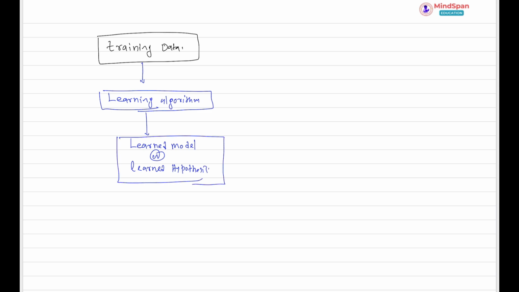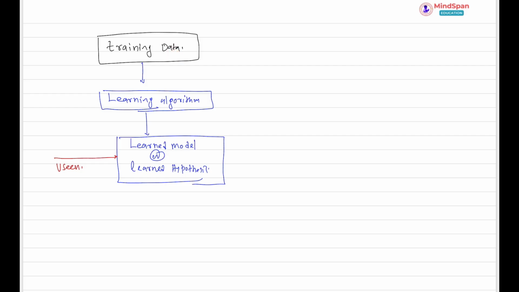right? And once we have this learned model, we can feed it unseen data that our learning algorithm may not have seen from the training data, right?